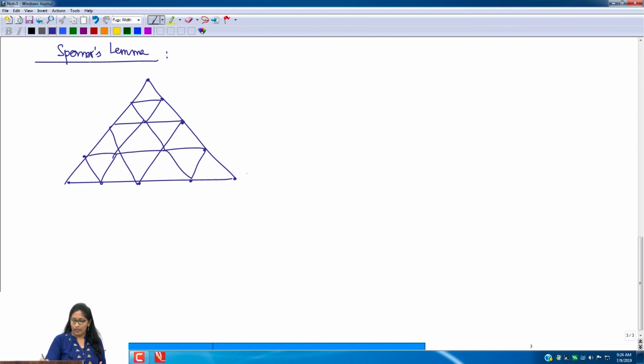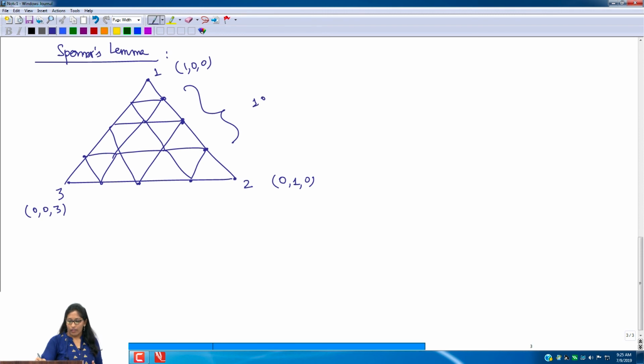So let's say this is labeled 1, 2, 3, okay, fine. Let me have this as 0, 1, 0, and this is 1, 0, 0. Remember, these are the extremes of the cake, and this is the other extreme, 0, 0, 3. So what do I want the labels on this particular edge to be for it to be a Sperner labeling? 1 or 2, right?